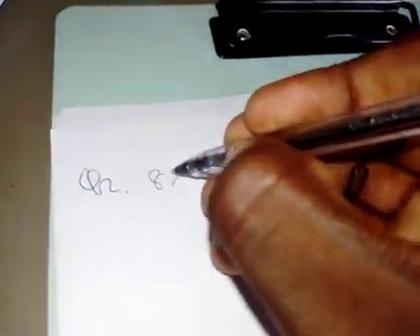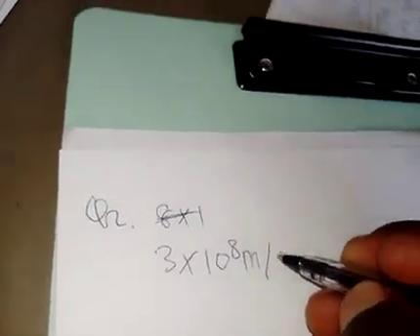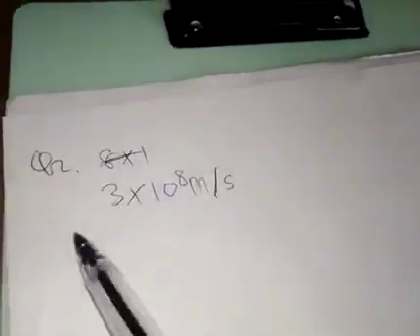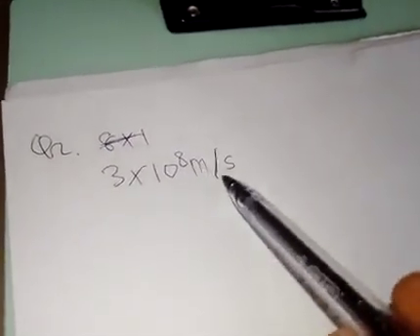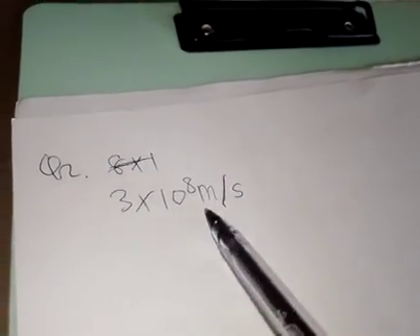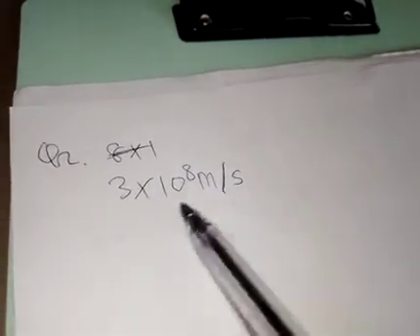The speed of light is 3 times 10 to the power 8 meters per second. In just 1 second, light travels 3 times 10 to the power 8 meters. That's the meaning of this expression.